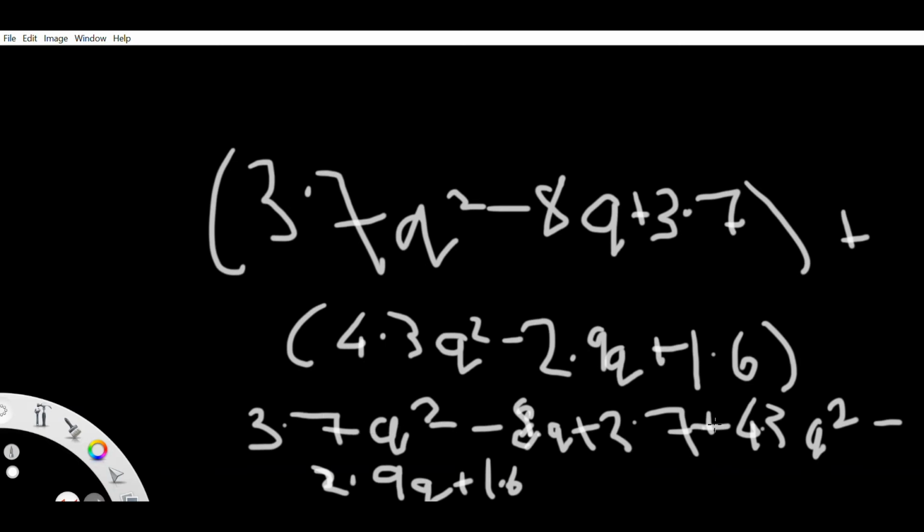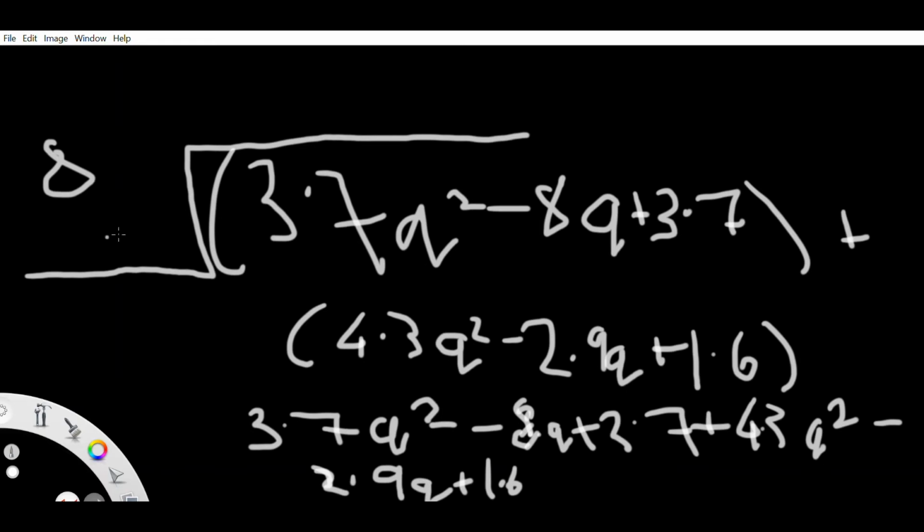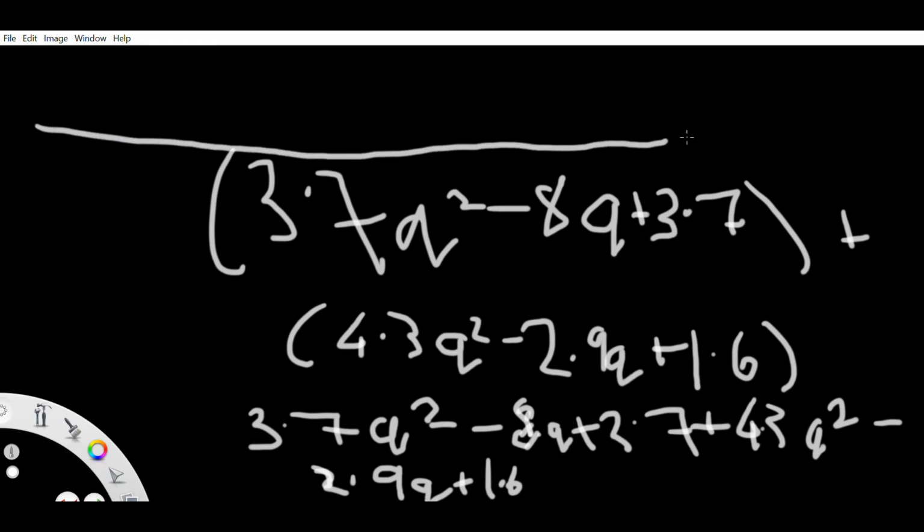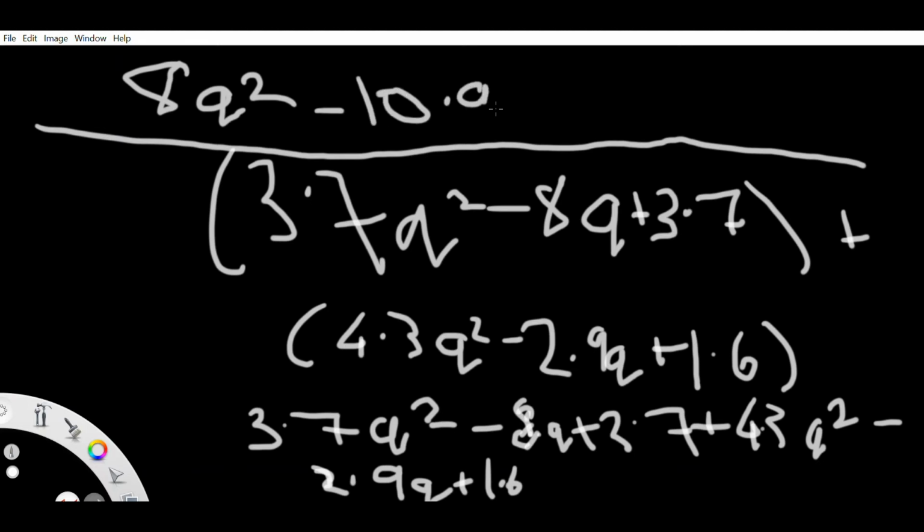So 3.7q squared can be added with 4.3q squared. So it will just become 8q squared, minus 8q minus 2.9q, so that would become 10.9q, plus 5.3, and that would be our solution.